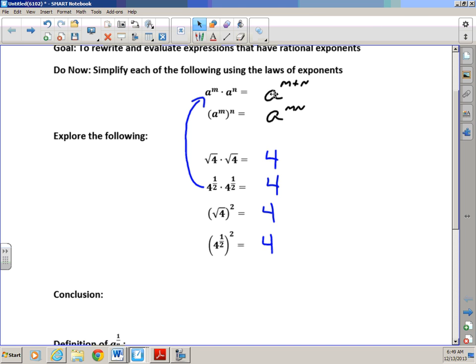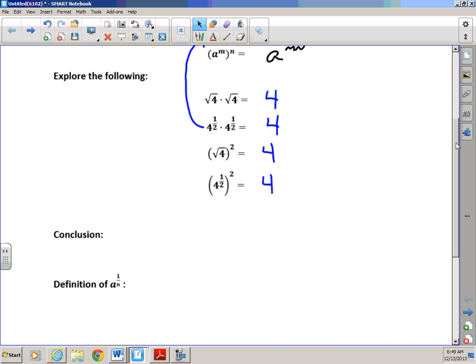Now, why did we go through all of that? Hopefully you'll see that all of these are obviously equal to 4, but they're all in a different format. And so what do we notice here? Well, 4 to the half power times 4 to the half gave me the same answer as radical 4 times radical 4.